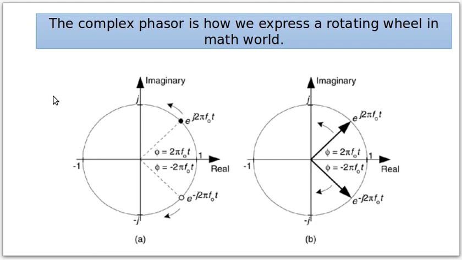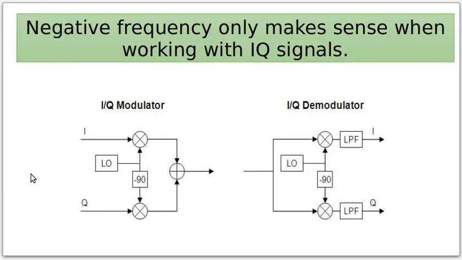So the rotating wheel is just a way of describing what direction the wheel is rotating. And we'll get into this later, but negative frequency really only makes sense when you're talking about IQ signals, either in an IQ modulator or an IQ demodulator.